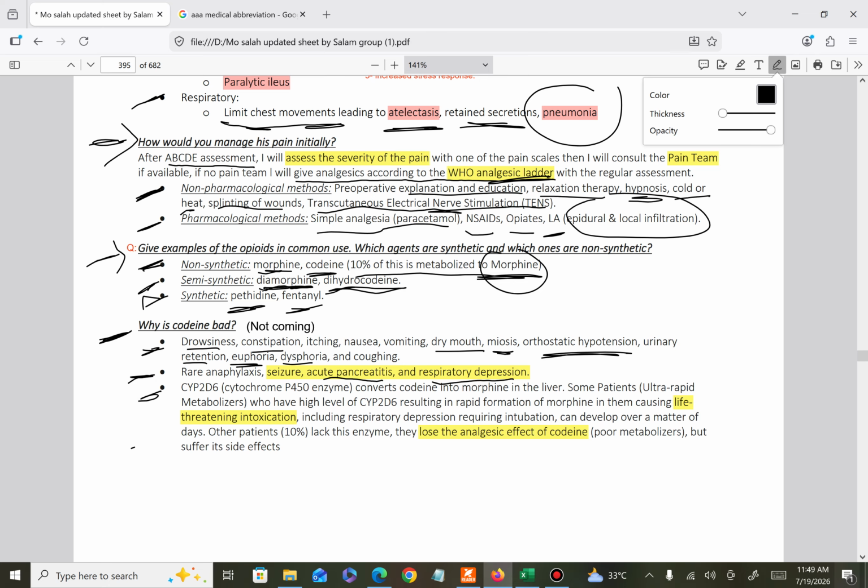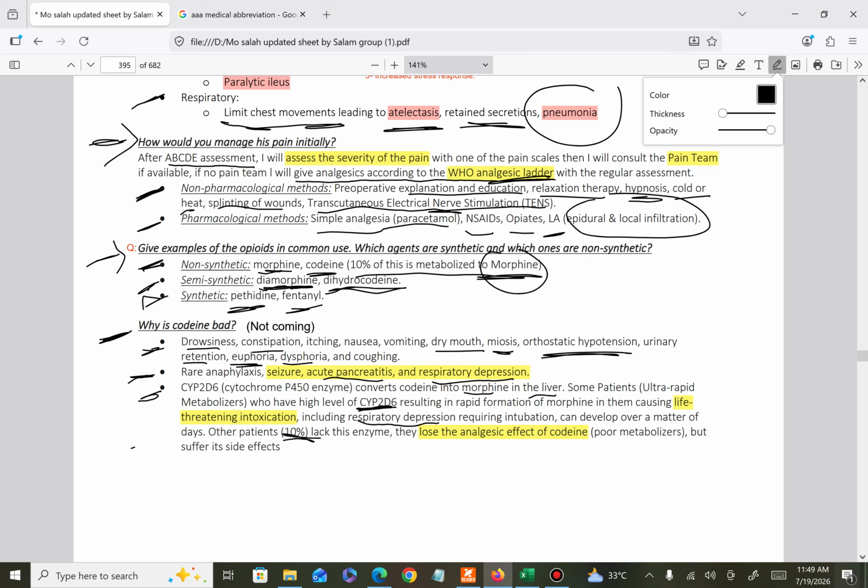Cytochrome P2D6 enzyme converts codeine into morphine in the liver. Some patients, called ultra-rapid metabolizers, have a high level of cytochrome P2D6, resulting in a rapid formation of morphine, causing life-threatening intoxication, including respiratory depression requiring intubation, which can develop over a matter of days.